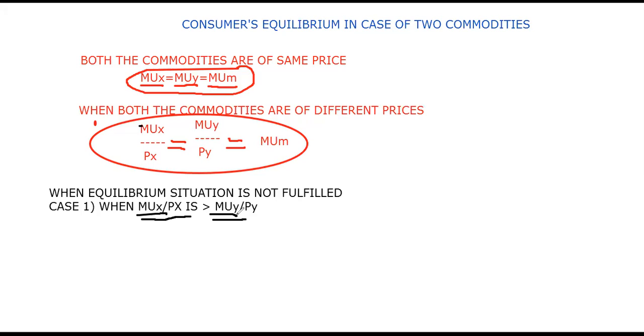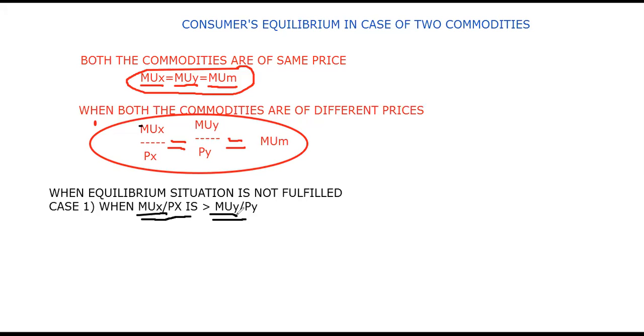Now you people tell me, if this is the situation and you observe that marginal utility from X is more, आपको X consume करने पे ज़्यादा utility मिलेगी and Y consume करने पे you will get less utility as compared to X. What will you be doing? Of course we will buy more of X. Very good students, I have already got the answers in the chat box.